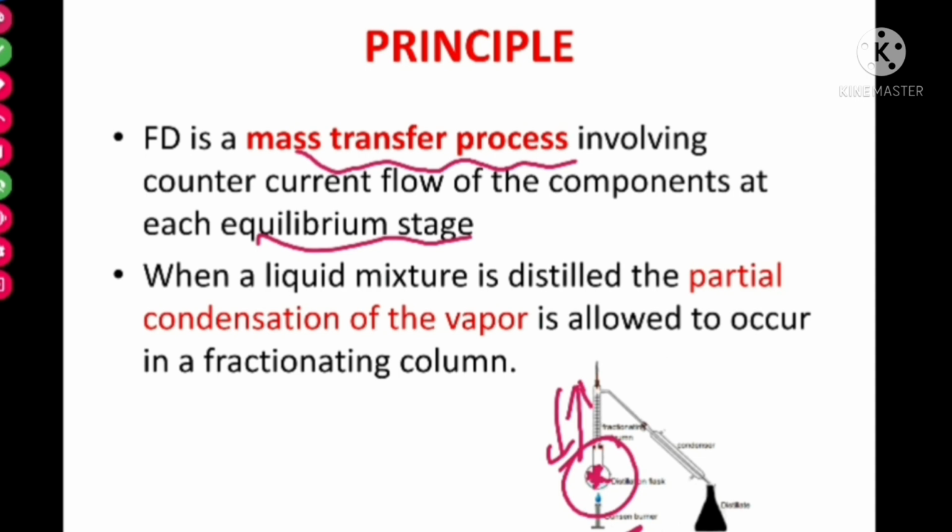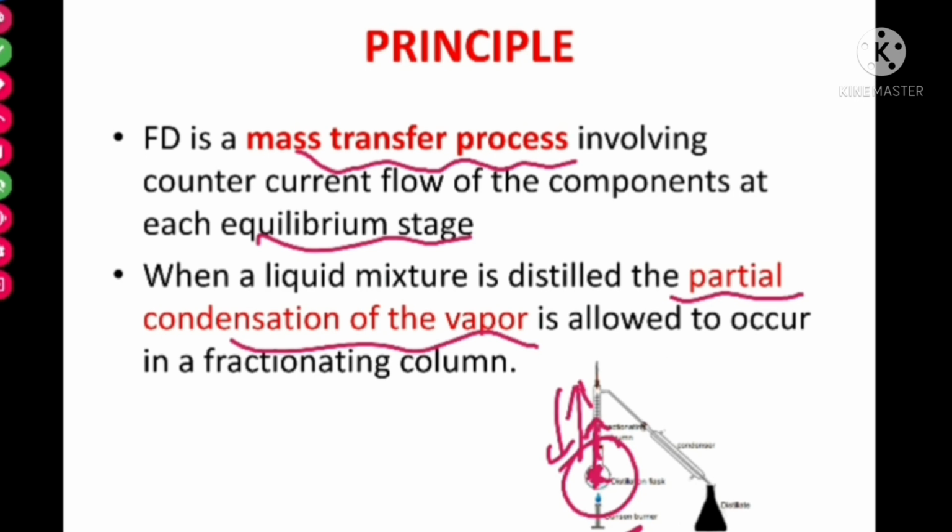Whenever the boiling point of the liquid mixture is reached, that liquid mixture starts to boil and it produces vapor. That vapor passes into the fractionating column where partial condensation of the vapor occurs.